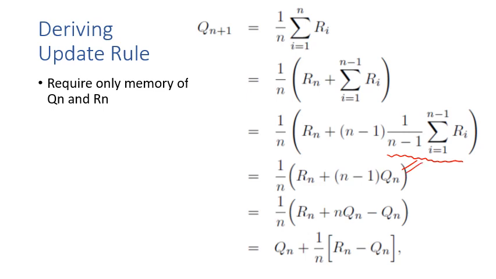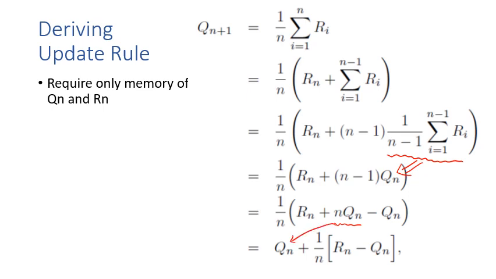So we can write this formula as Rn plus n-1 multiplied by Qn. And when we multiply n-1 with Qn, we can actually move this term out here.